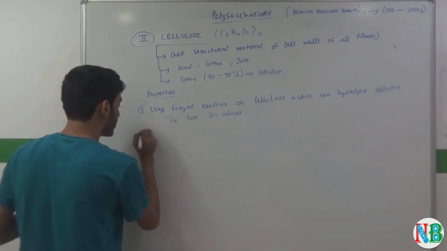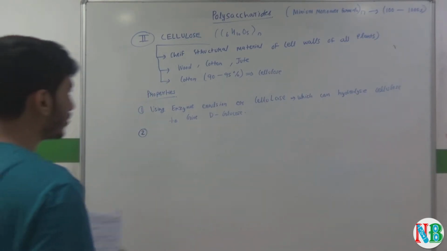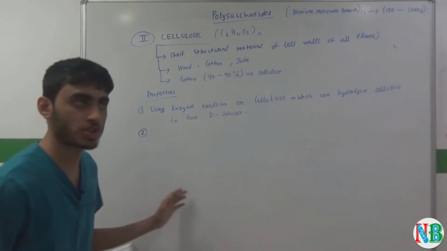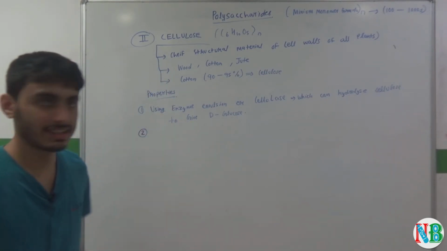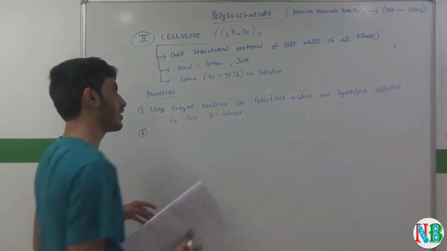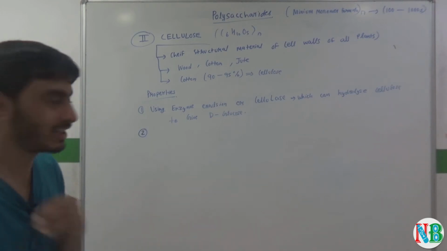The second one is the structure of cellulose. In the case of starch, we saw that starch has two main components. The first component is a linear structure, called amylose. The second component has a branched structure, called amylopectin.